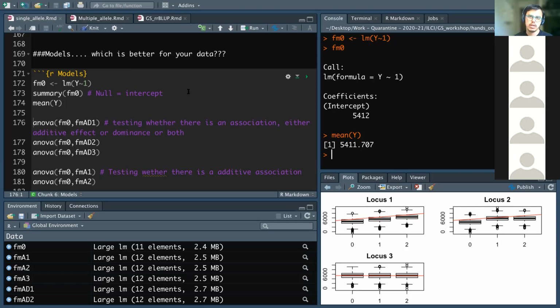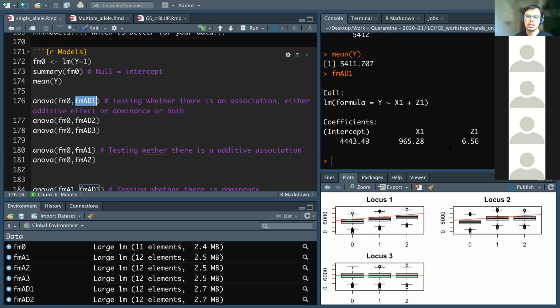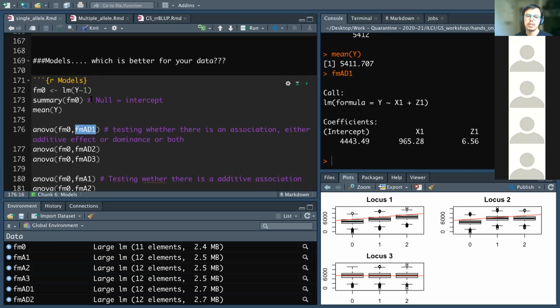With ANOVA, we compare that mean of the population with the effect in the model we run with additive and dominant effects.